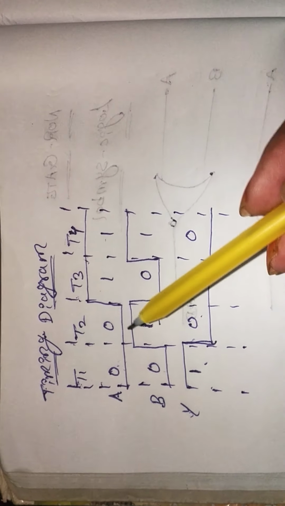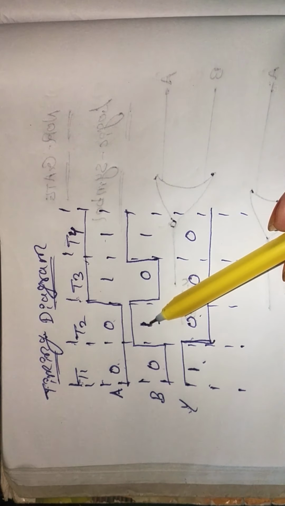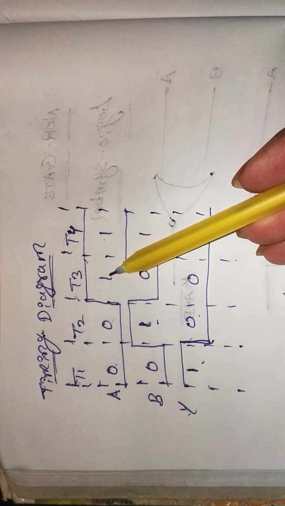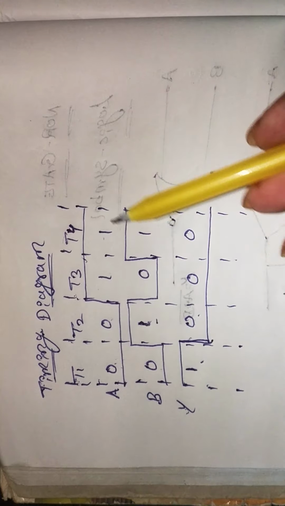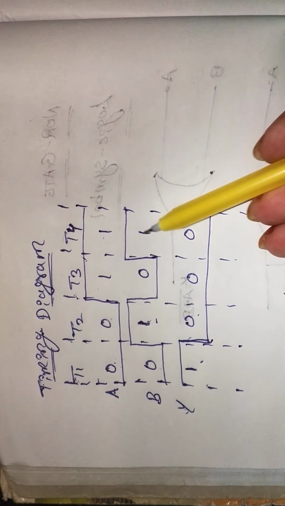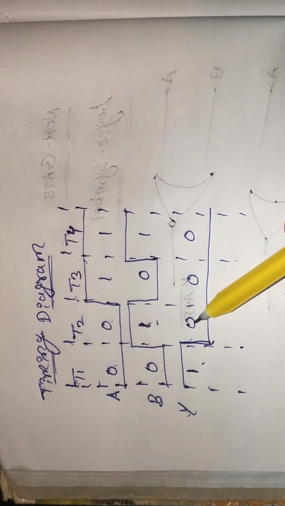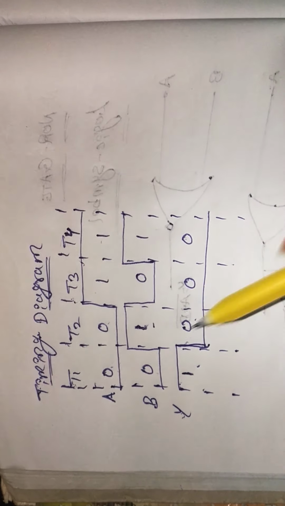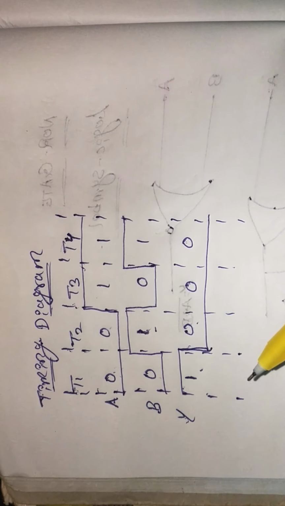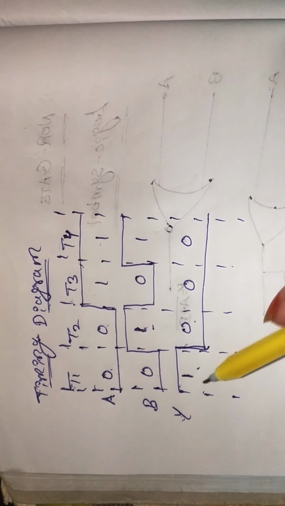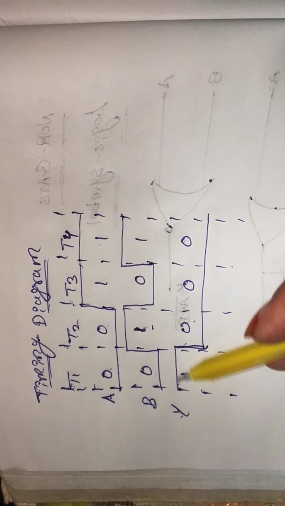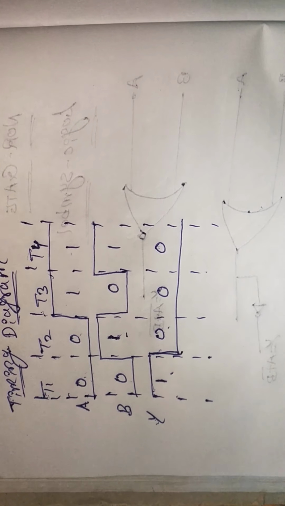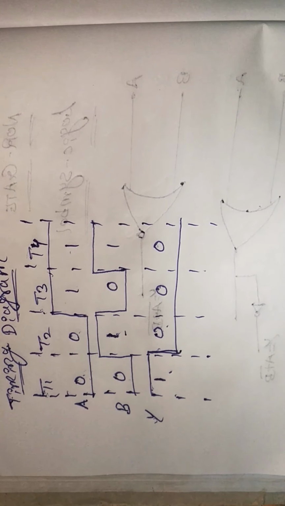But when 1 0, 1 0 and both ones come, the output will be 0 0 0. This is the timing diagram of the OR gate. But in the NOR gate the timing diagram will be the opposite of the OR gate. This is the timing diagram of the NOR gate.